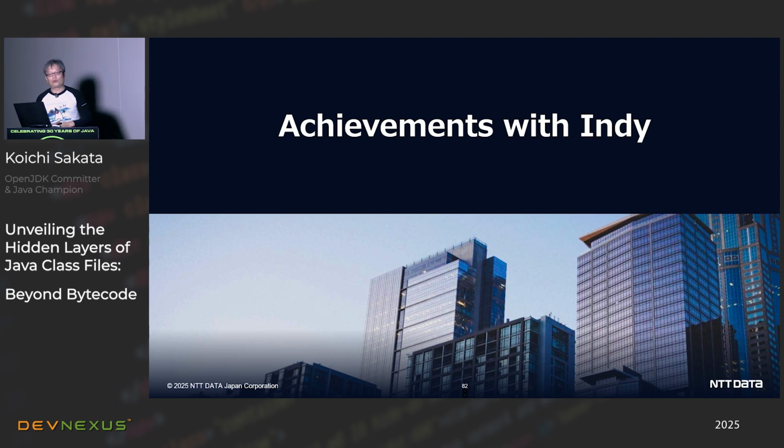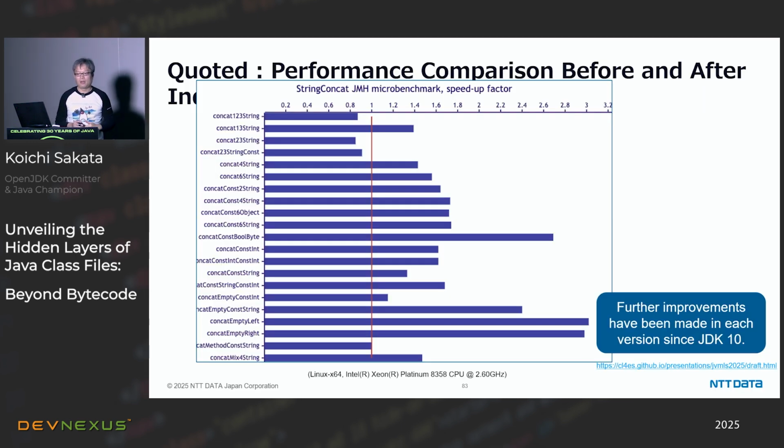Let's look at what was achieved with Indy. Though this moves away from the core of class files, Indy has made string concatenation faster. Compared to execution times in Java 8, performance has significantly improved in most cases.